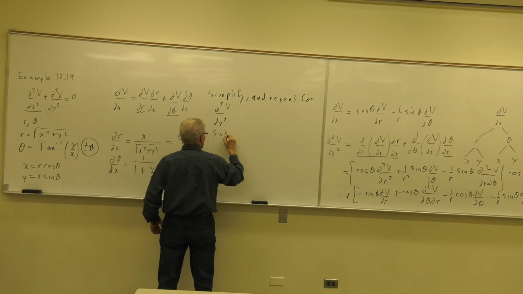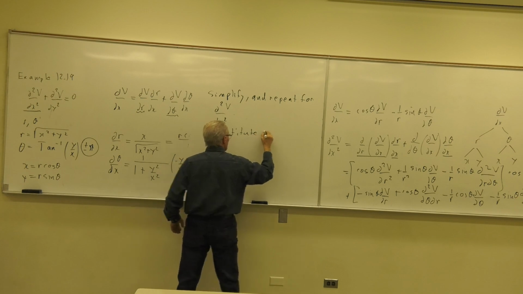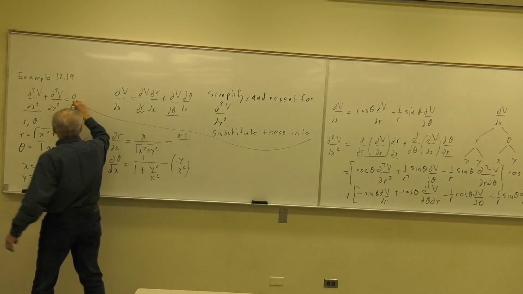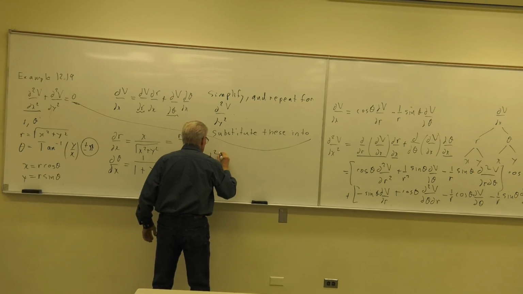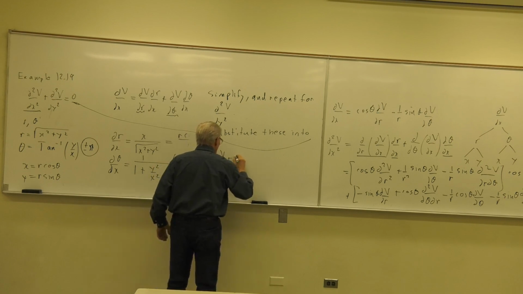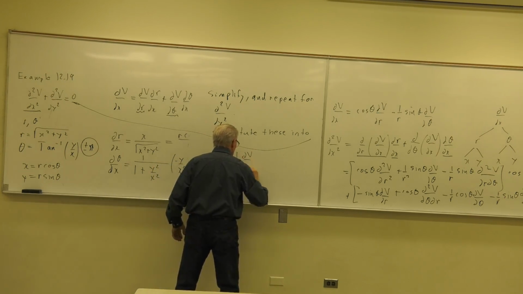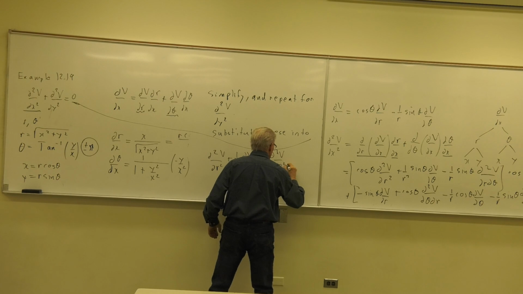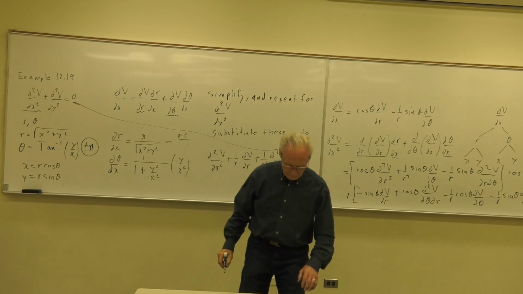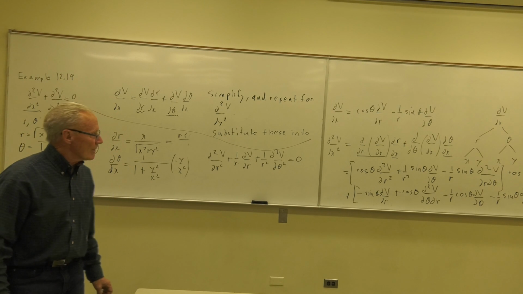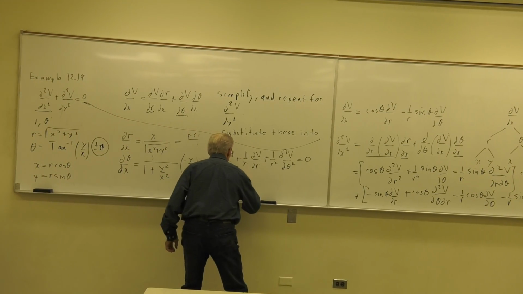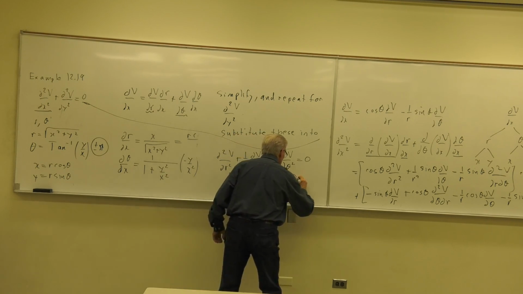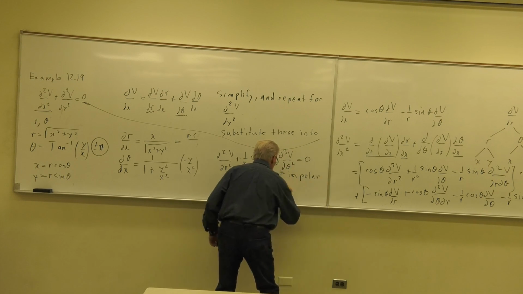When you substitute these into there, you get ∂²v/∂r² plus 1 upon r ∂v/∂r plus 1 upon r squared ∂²v/∂θ² is equal to 0. There's Laplace's equation in polar coordinates. So there's still a fair amount of work to do.